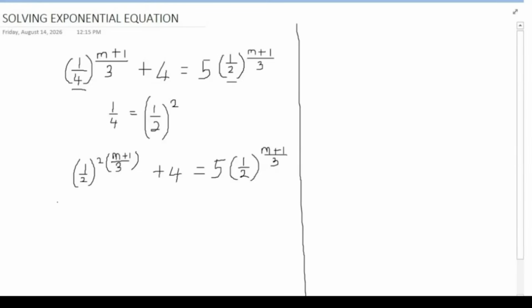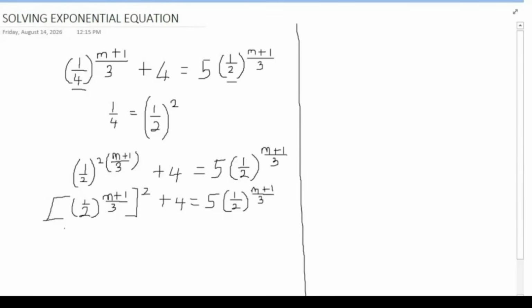So we can write this as 1 over 2 raised to power m plus 1 over 3, everything raised to power 2, plus 4 equals to 5, open bracket, 1 over 2 raised to power m plus 1 over 3.